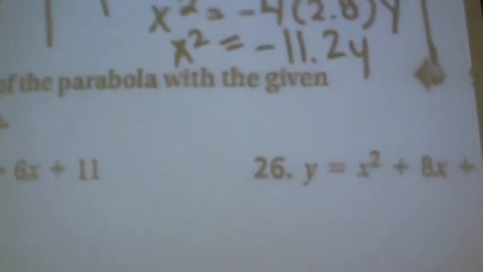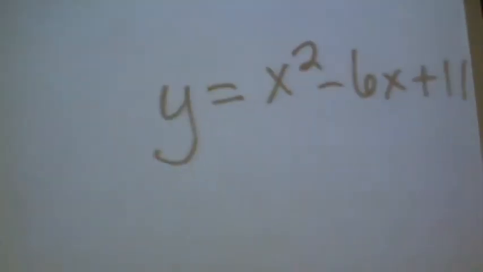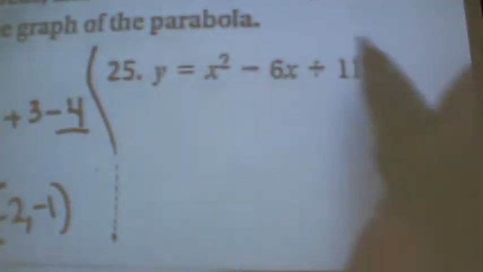Number 25. Okay, so we've got y equals x squared minus 6x plus 11. What should we first do? What should we do with 11?